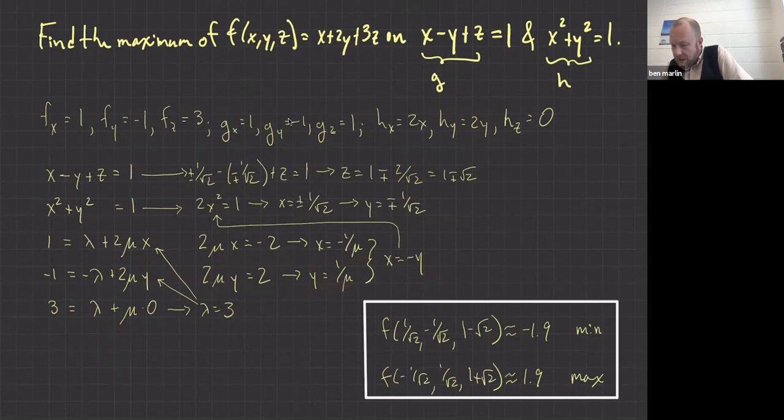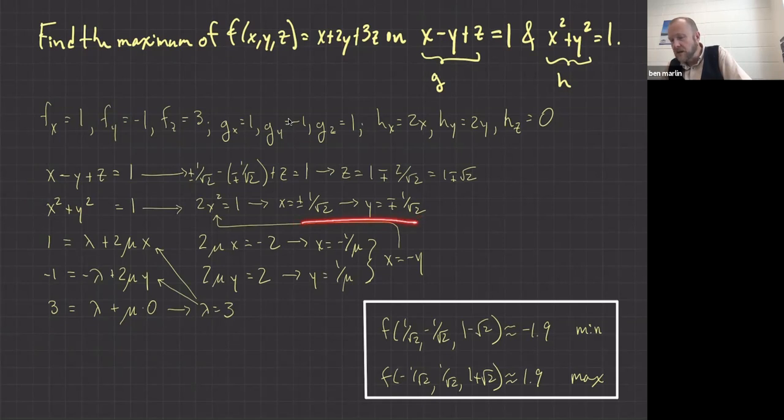Once you've got that, you could go over here into the x squared plus y squared equals 1 and substitute either one of them in there and have 2x squared or 2y squared, whichever you want to do. And you get that your x then is equal to plus or minus 1/√2. And then the y is just the negative of that. So that means that we've gotten 2 points out of that, not 4 points, okay?